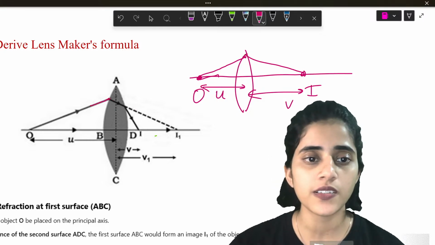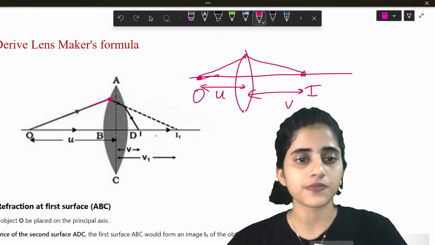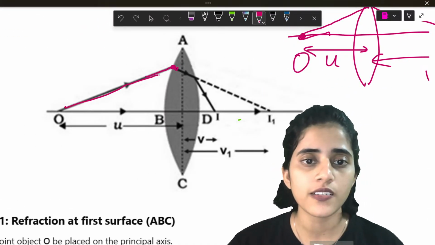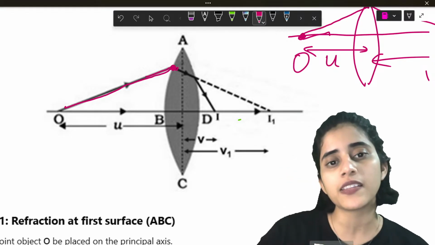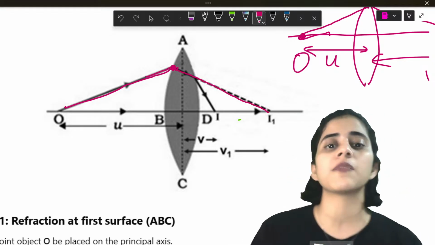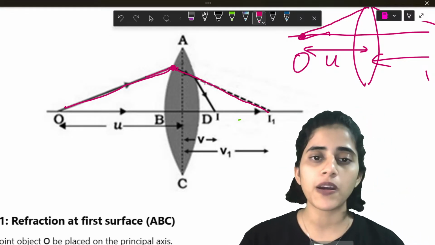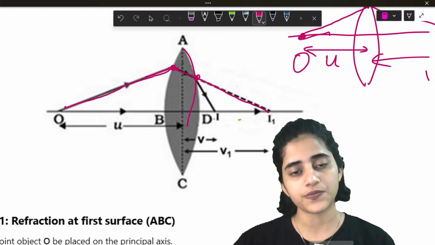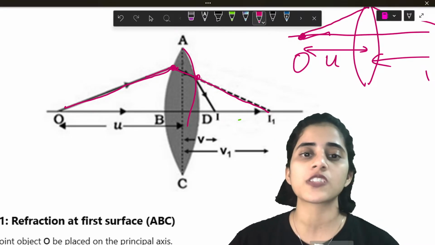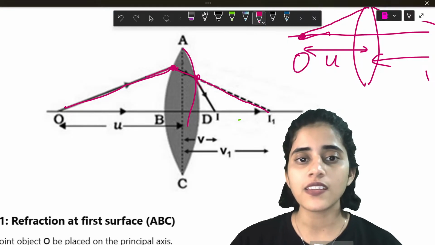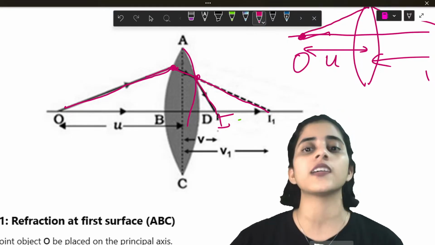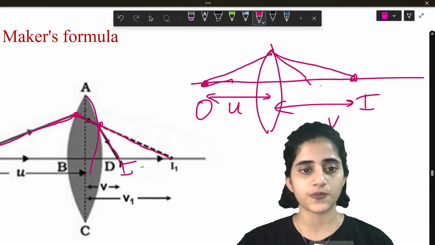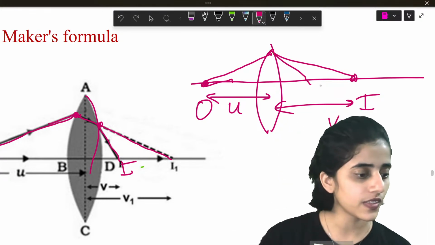Here you can see clearly, this is refracted only by this surface and it's forming the image here. But if there is one more surface, won't it bend again? So if the second surface is also there, then the image is going to be produced at another point.